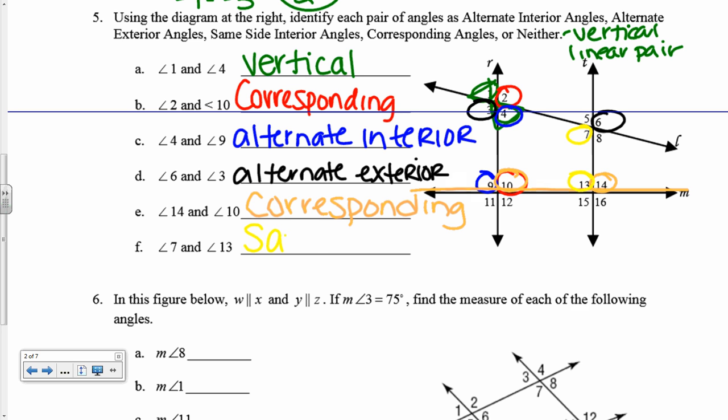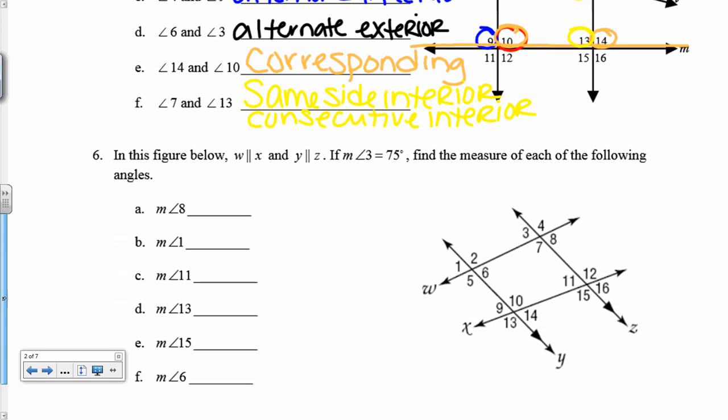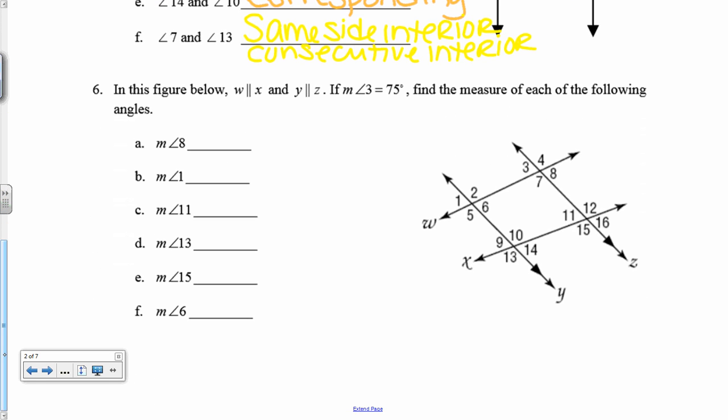So this is our same side interior, which is also called consecutive interior. Either answer would work. For number 6, I know angle 3 is 75 degrees.